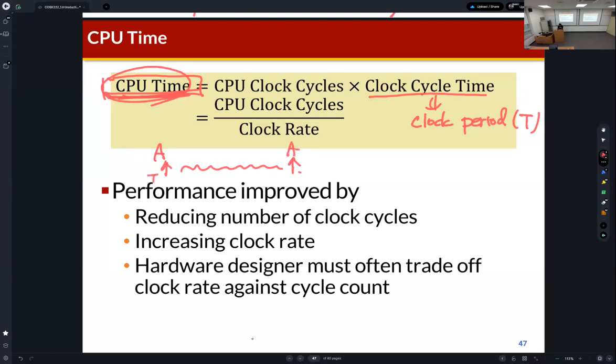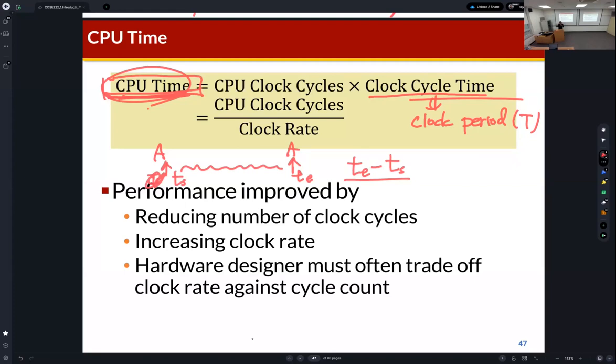I use small t: t start and t end. So what is the CPU time? The CPU time is t end minus t start.